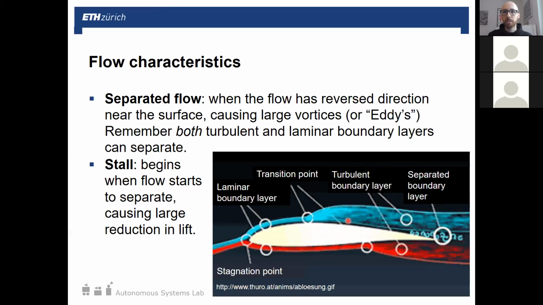A turbulent boundary layer may have, it really depends on a lot of other factors. I don't think you can really say a turbulent boundary layer versus a laminar boundary layer will have more or less lift. It'll depend on the flow speed, the angle of attack, the geometry. But you can say for sure that once that boundary layer has separated, you definitely will have a reduction in lift.